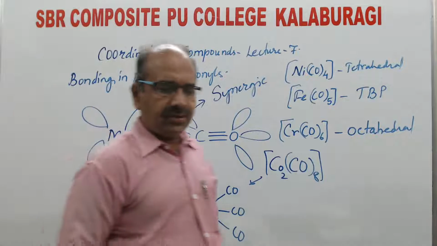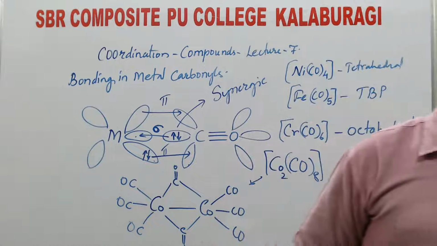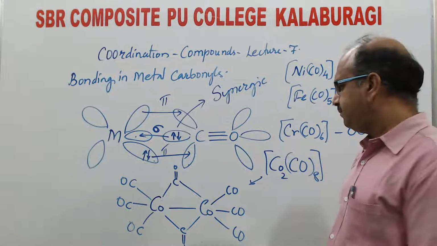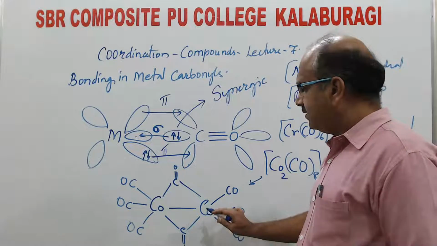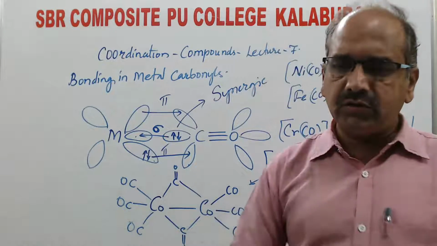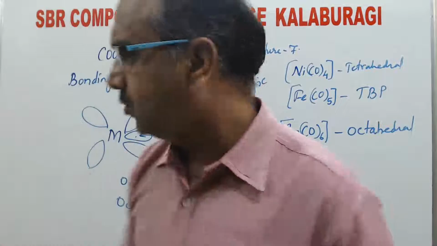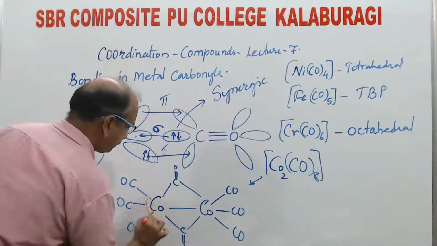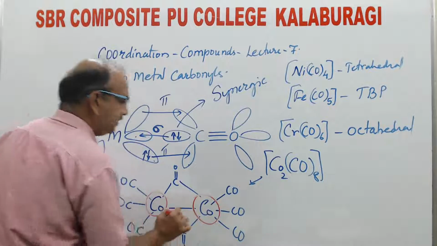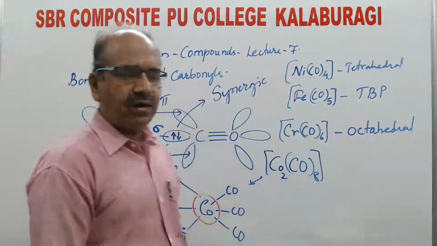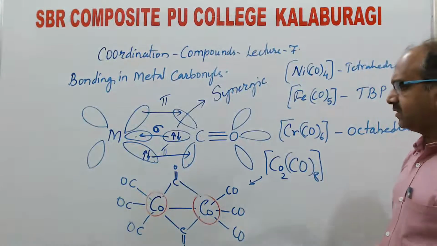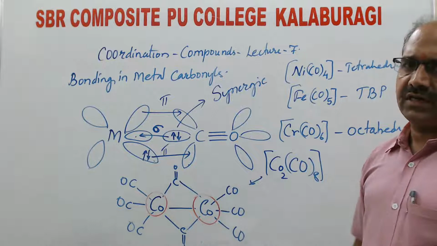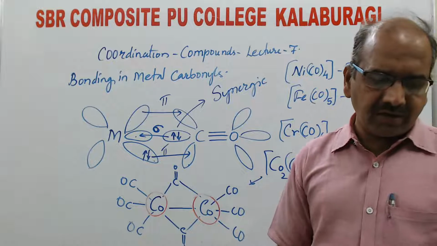A kind of bridging molecule, Co2(CO)8. This will be capital O, capital C. These two, I'll circle it with the red, those two will be cobalt. The remaining all are carbonyl, carbon monoxide. This kind of structure gets a bridging structure.